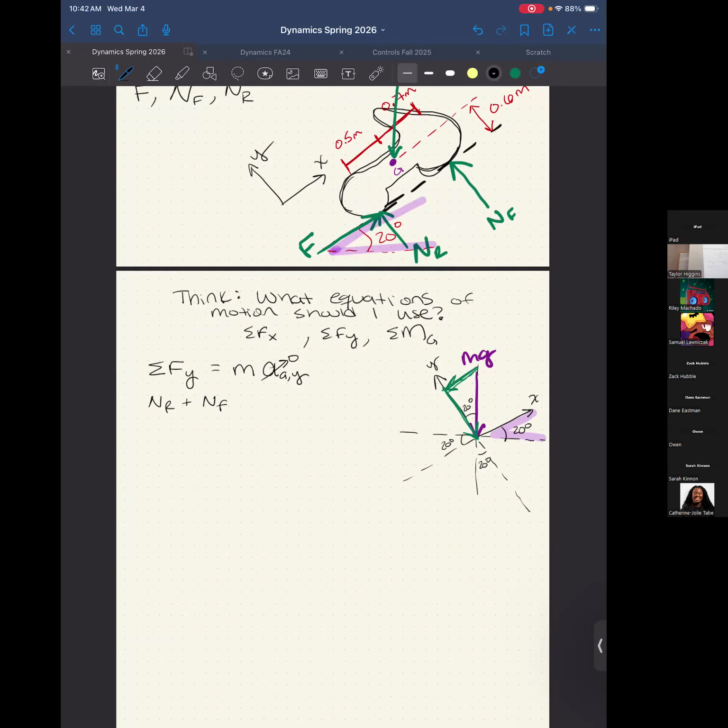You sure about that? That's the x direction. Oh, wait, it's the x direction. Cosine 20 is the line. mg cosine 20, and is it positive or negative y? Negative. So I say minus mg cosine 20.